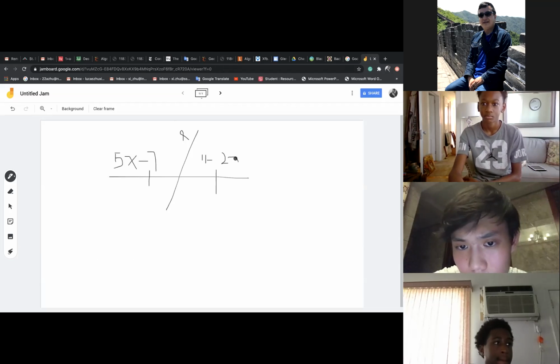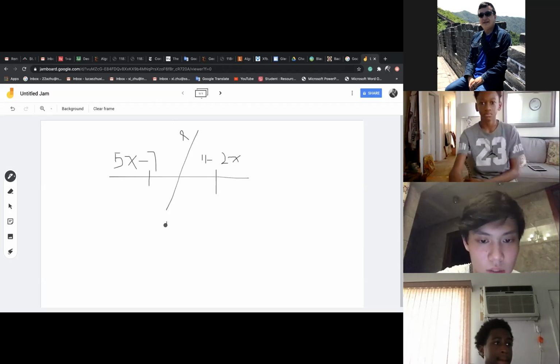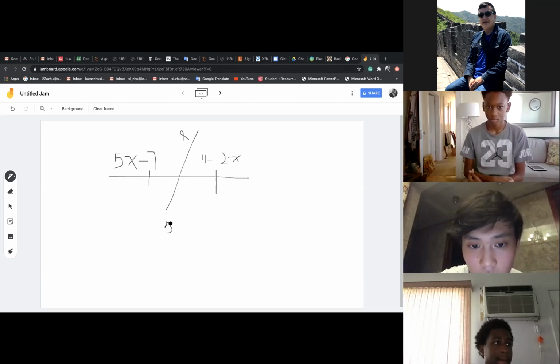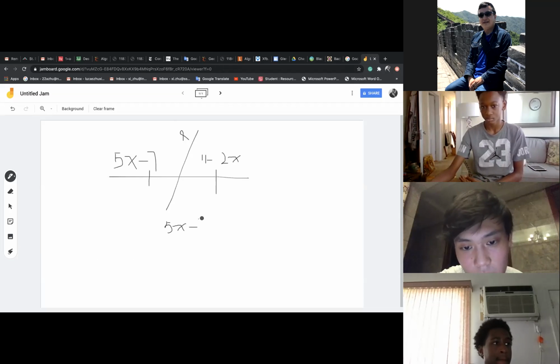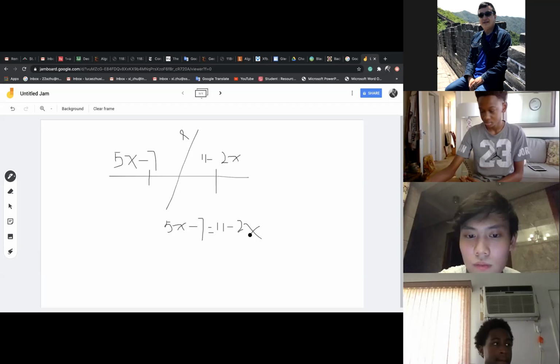Because we know that they're congruent, we have to set them up into the equation, just setting them equal to each other, right? Minus 2x. Now, what do you do in algebra when you see that?